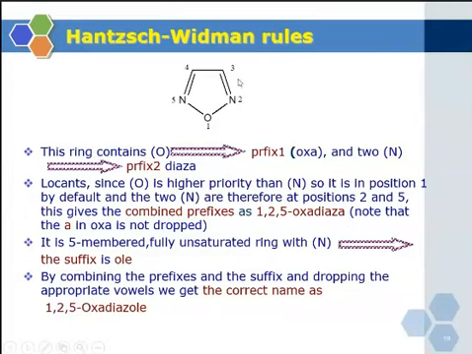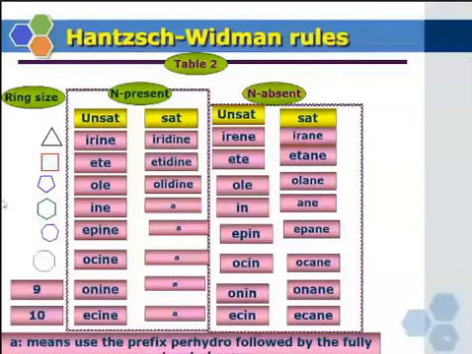Now the locant is clear and the prefix is done. We have to attach the suffix. When we talk about an unsaturated ring, to be specific a 5-membered fully unsaturated ring, it is associated with the suffix OLE. Here we can see a 5-membered unsaturated ring is supposed to have the suffix OLE.